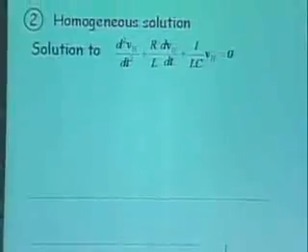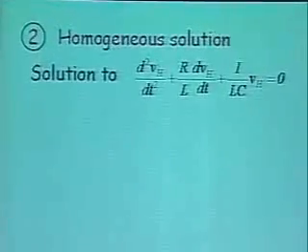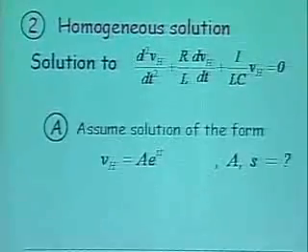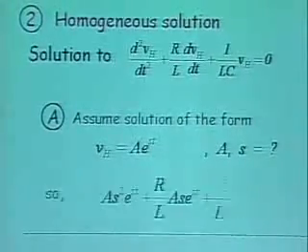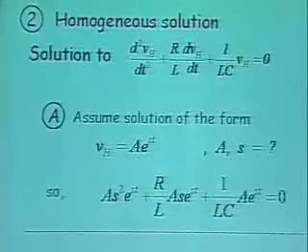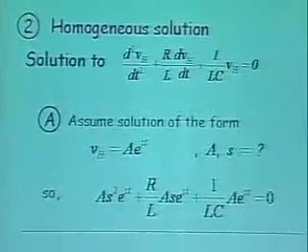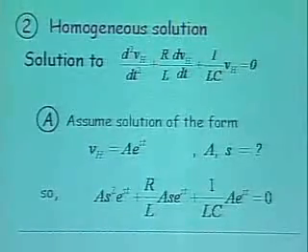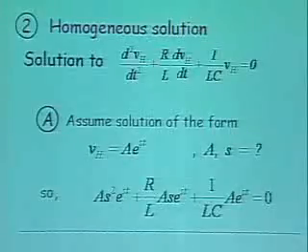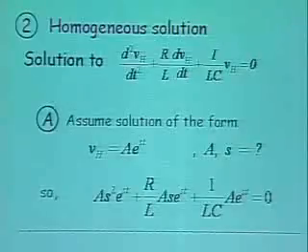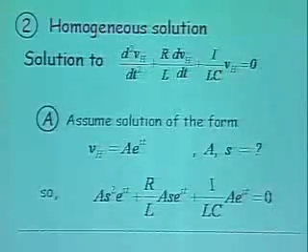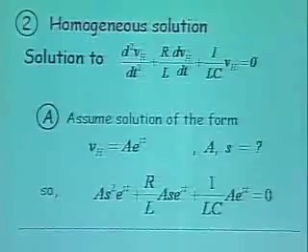Let me just walk through the steps here. Step A, assume a solution in the form A e to the st. And so I substitute A e to the st as my tentative solution into the equation. And again, let me remind you that the differential equations that we solve here are really easy, because the way you solve them is you begin by assuming you know the solution, stick it in, and find out what makes it work.